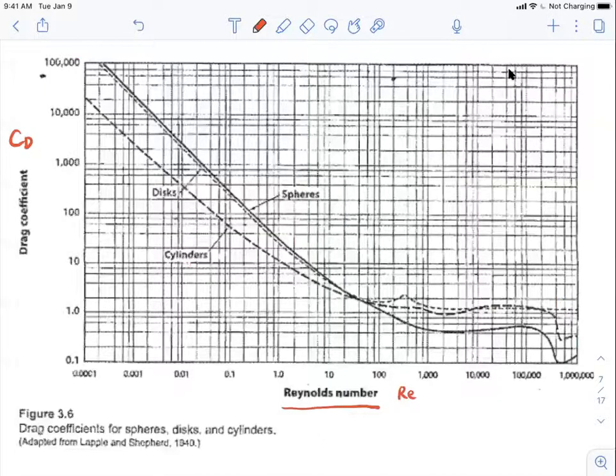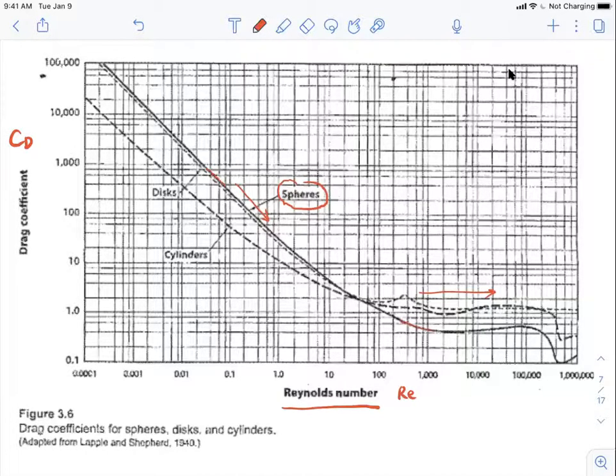You can see that the CD is very large when the Reynolds number is small, and when it gets to larger Reynolds numbers, it's almost constant. For example, let's look at the spheres, which are basically this solid line here.